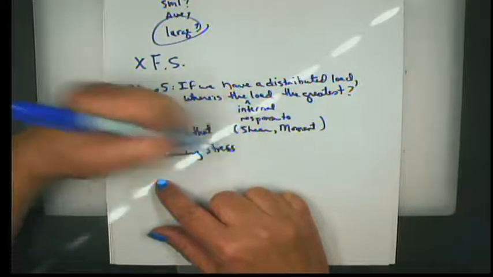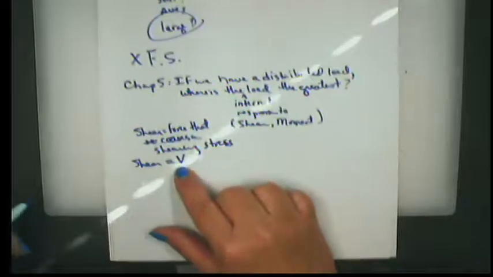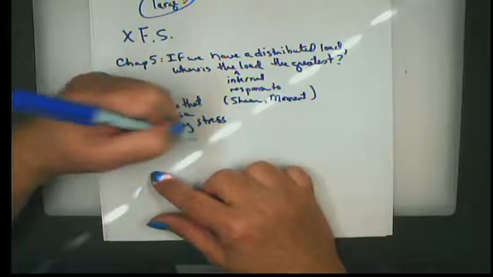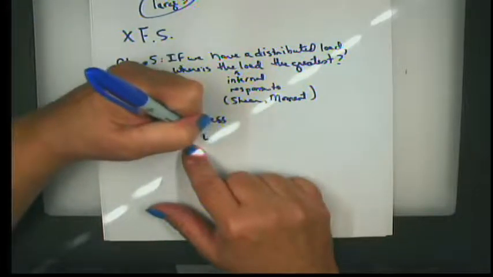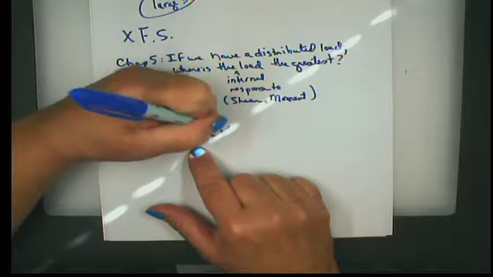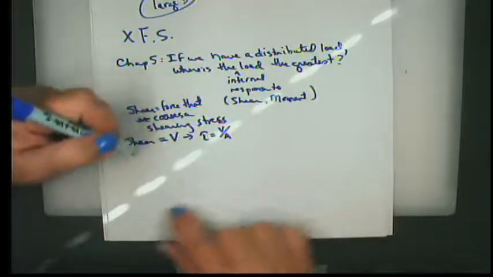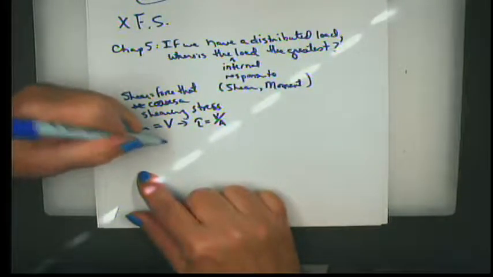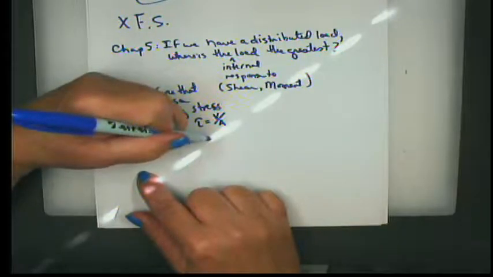So when we say shear, we're talking about some load which we're going to start referring to as V. And a shear is a force that causes a shearing stress, tau, which then would be some V over A.